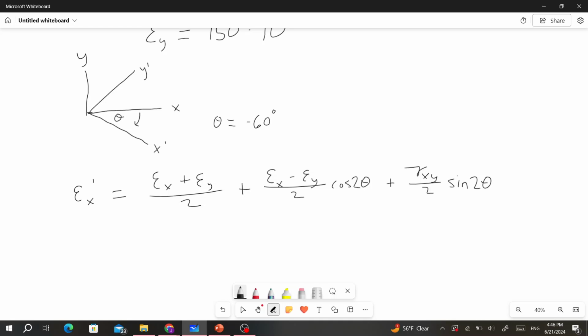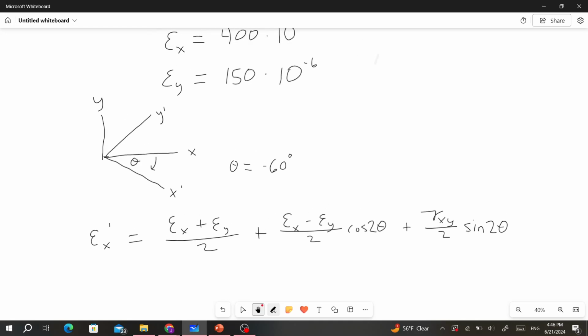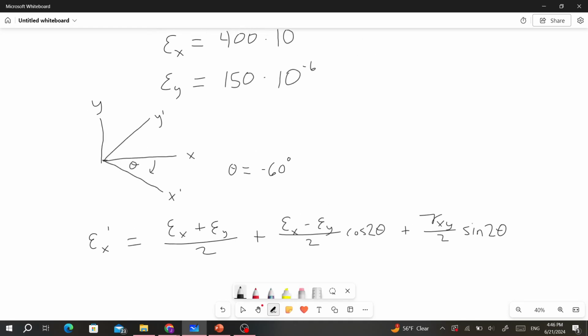For this situation of plane strain, all we have is epsilon x and epsilon y. There is no shear strain, so gamma xy is equal to 0. This is just strain in the normal directions.